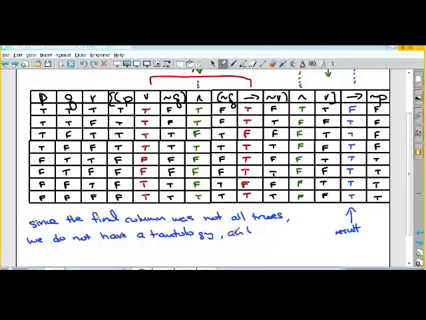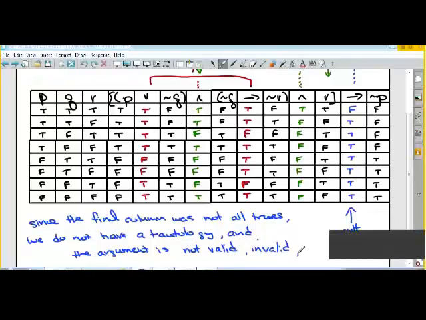And the argument is not valid, or invalid, or a fallacy. So those are all words we can use here.